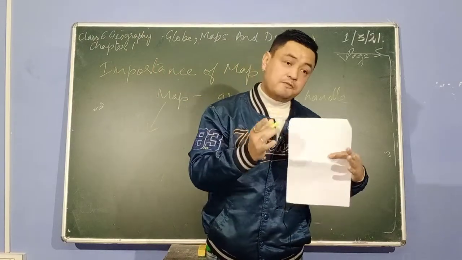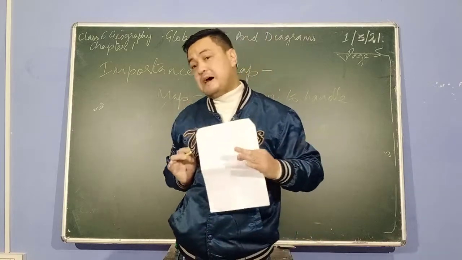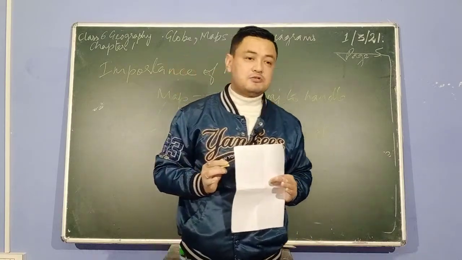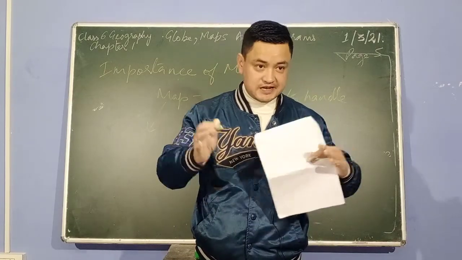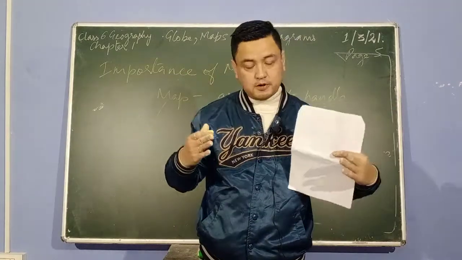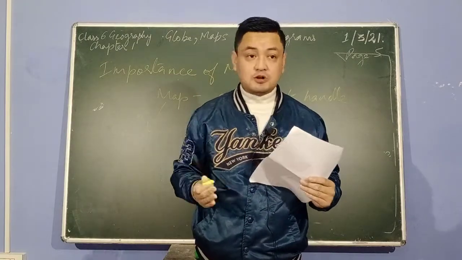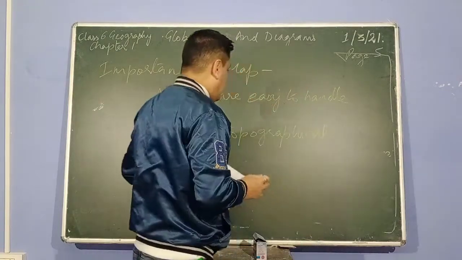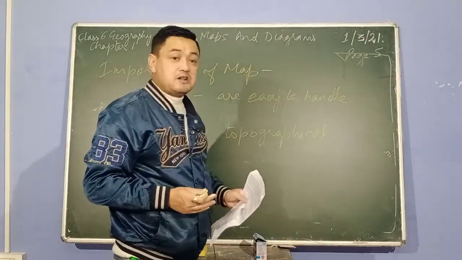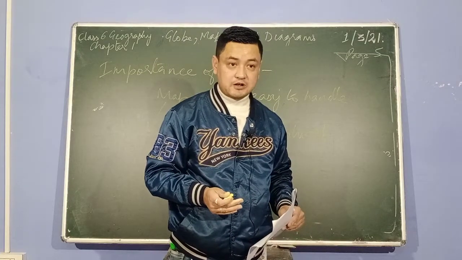And apart from the physical map, we have the political map also. What does a political map show? A political map shows political features like states. How many states are there? How many borders are there? Are you understanding? International borders and national borders are shown in a political map. So physical features, political features, as well as man-made features are also shown in a topographical map.